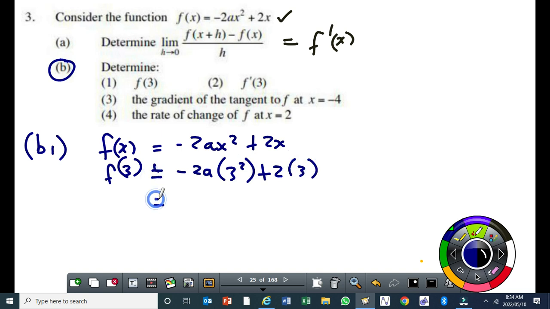If you simplify this, you get minus 18a plus 6. That's f of 3. It means determine the value of y when x is equal to 3. It's just function notation. It's actually a grade 10 question.